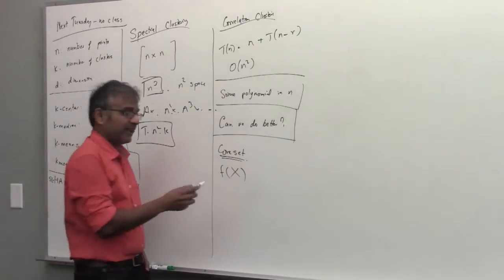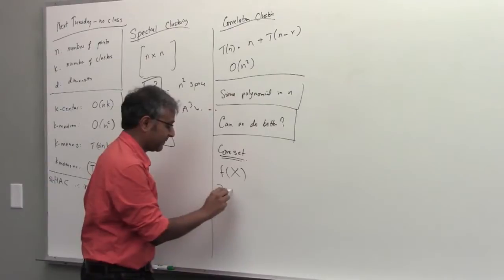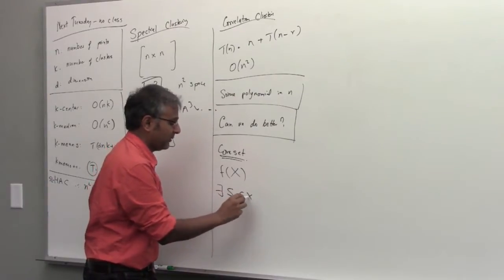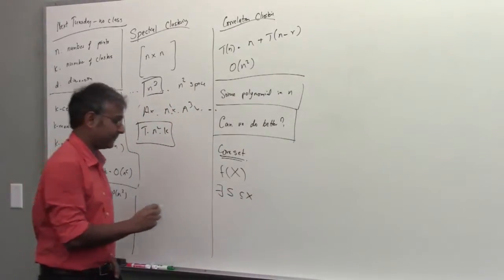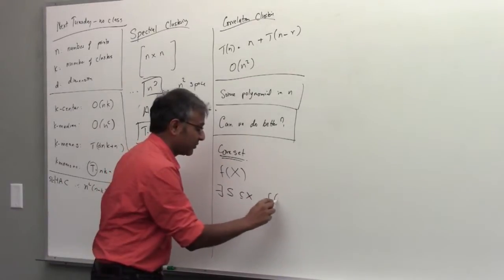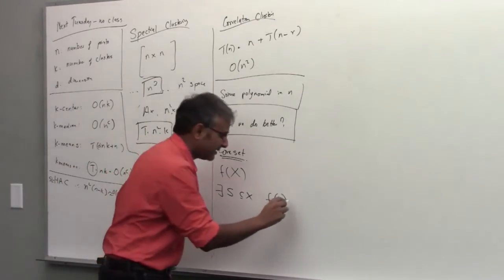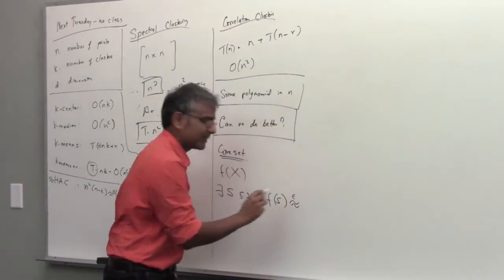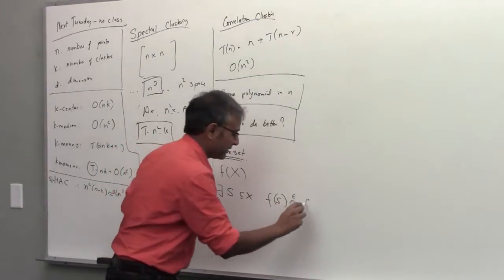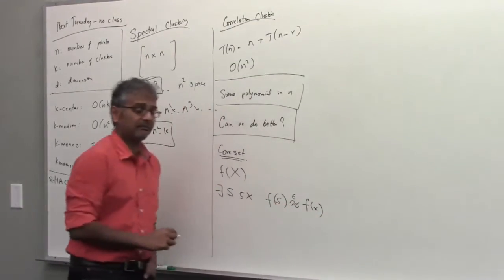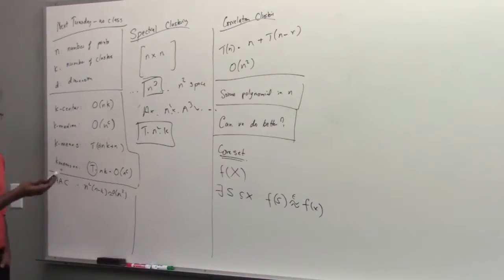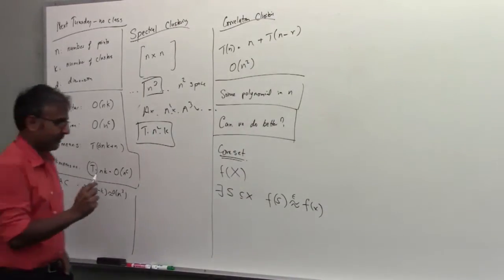What I want to figure out is whether there exists some set S, which is a subset of X, such that the cost of the solution on S is more or less, up to some epsilon error, the cost of the solution on X.